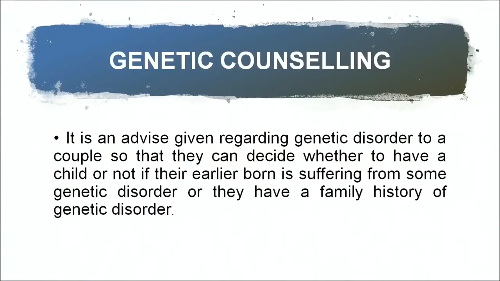They can always go to a genetic counselor to find out whether they should have a child or not. So genetic counseling is advice given regarding a genetic disorder to a couple so that they can decide whether to have a child or not, if their earlier born child is suffering from some genetic disorder or they have a family history of genetic disorder.